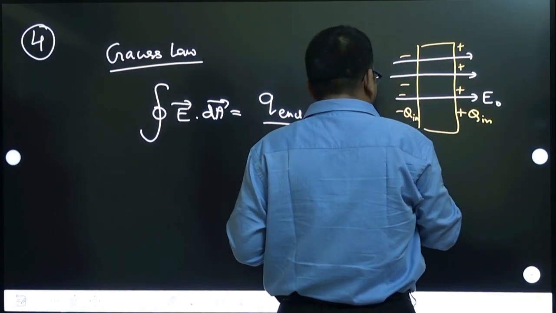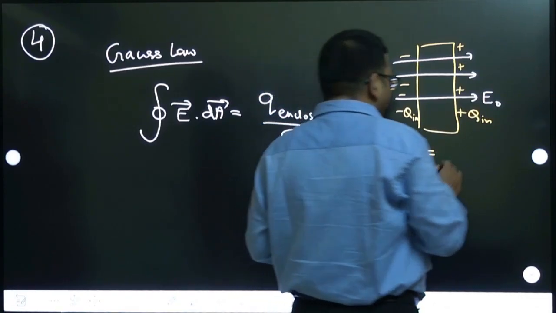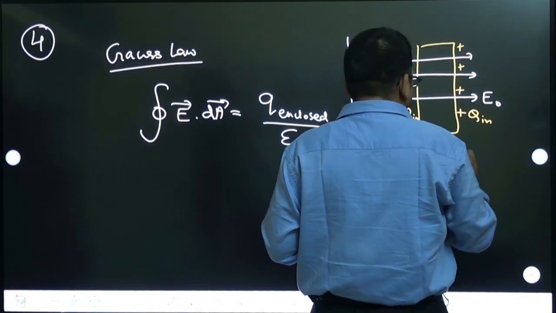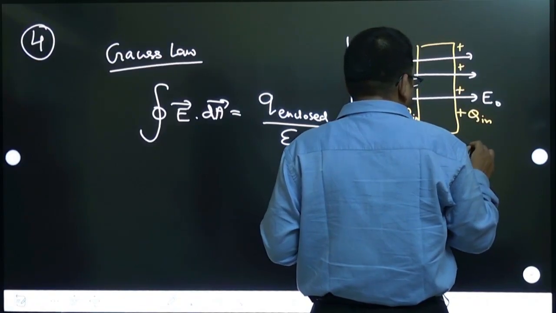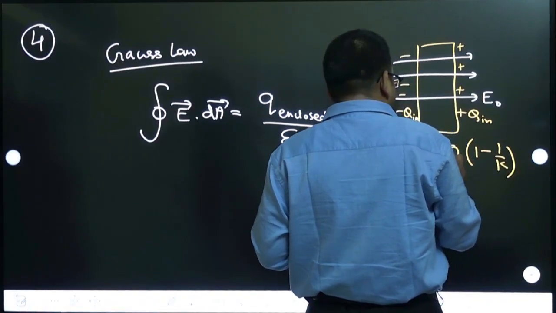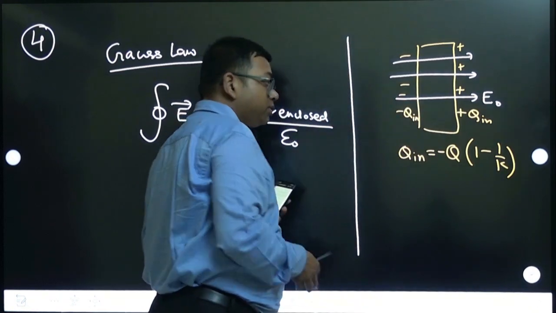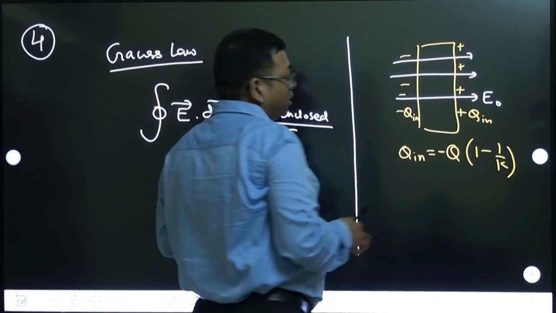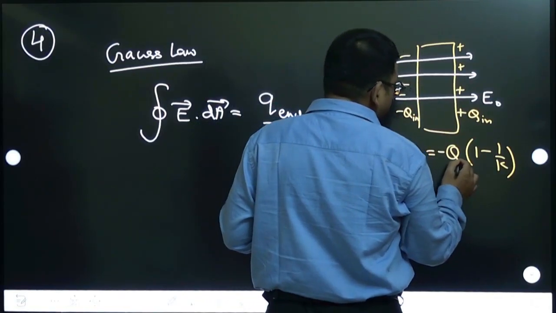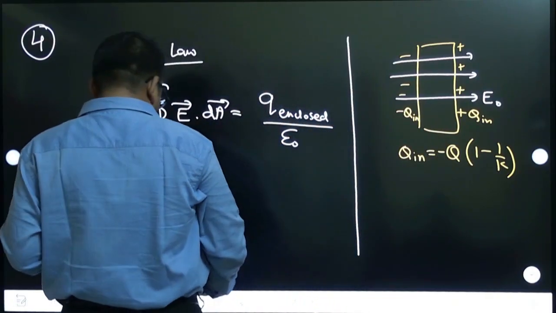And the value of this induced charge is q times (1 minus 1 by k). But generally we put a minus sign here to show that negative charge is induced here and positive charge is induced on that side. Note that this q is the free charge.